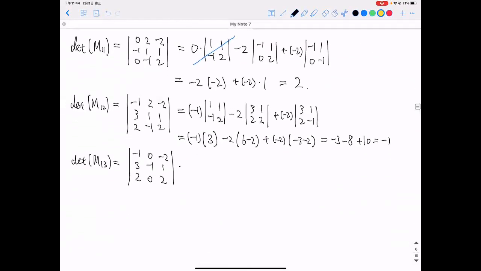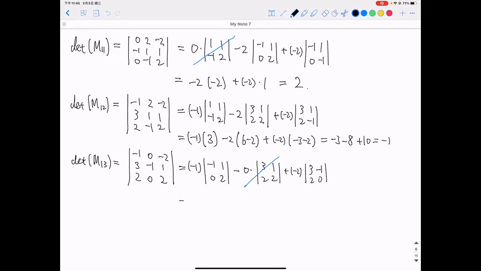Okay, and this we can then compute by the same recipe. 3, 2, 1, 2, plus negative 2 times 3, 2, minus 1, 0. And the middle term goes away because it's a product of 0 and something else.